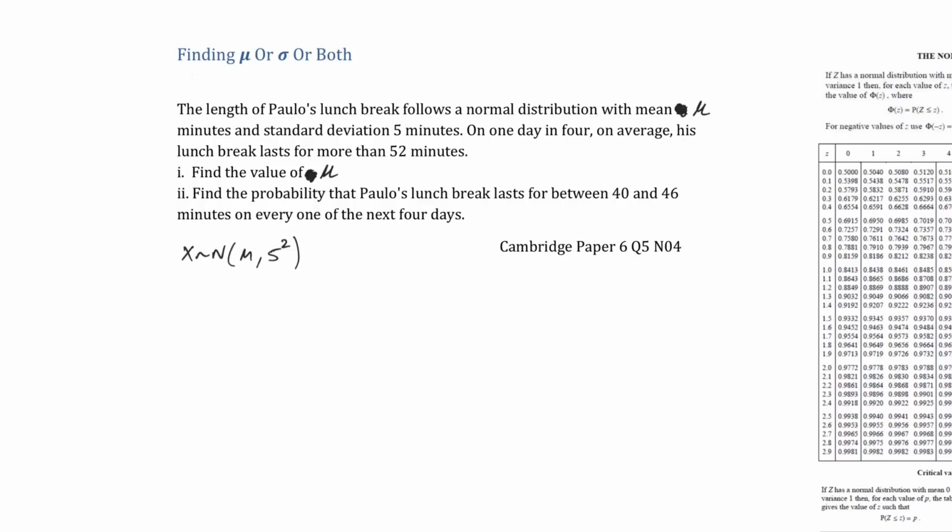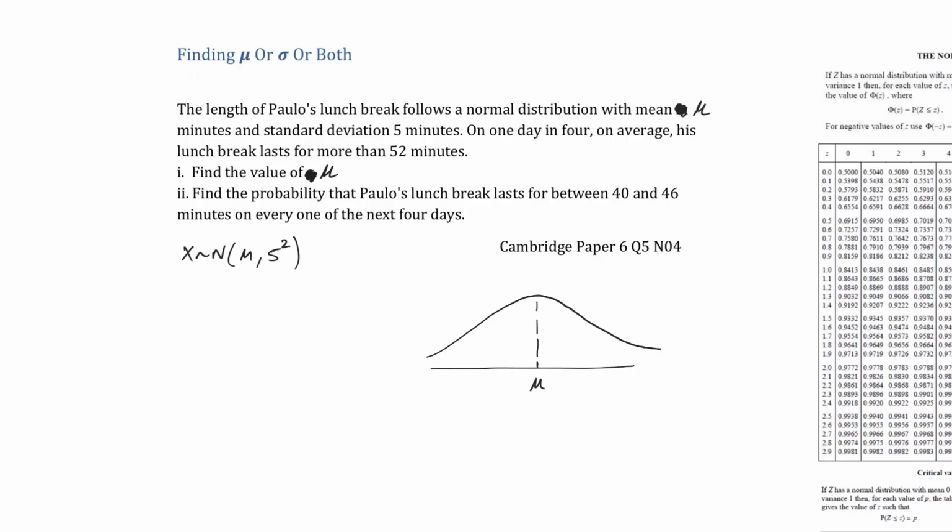Now they are saying that on one day in 4 on average his lunch break lasts for more than 52 minutes. So you can draw a normal distribution curve. The mean is mu, and on one day in 4 on average his lunch break lasts for more than 52 minutes.